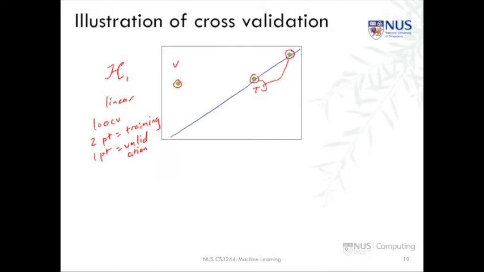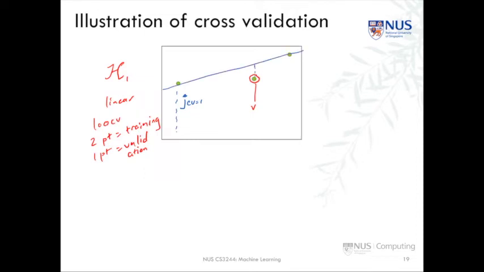So when we draw the line, it might look like this. And the amount of error is then, for this particular point that is on our test set, this amount. This will be our pointwise J for CV equals 1. We'll now rotate this point to be validation, and we'll draw a line through the other 2 points, which will be our training set.